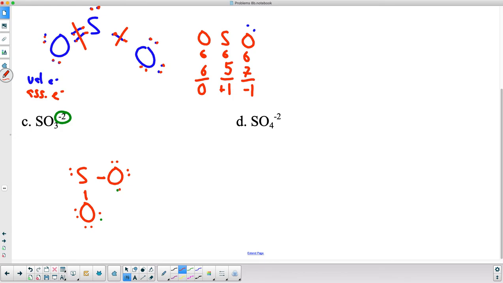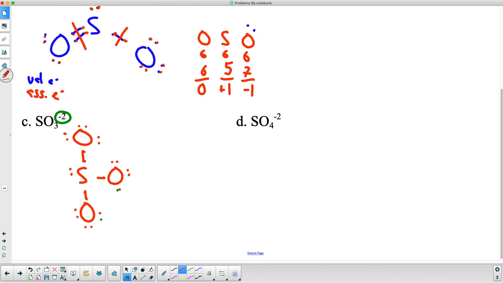I'm going to use a single bond for oxygen there, and then all of oxygen has its 6 electrons, and these 2 come from sulfur. These 2 bonding electrons here and here come from sulfur. Now each one has an octet, so that should work.